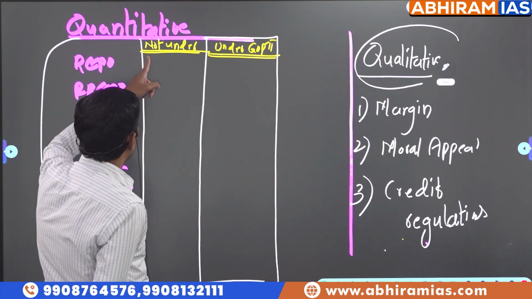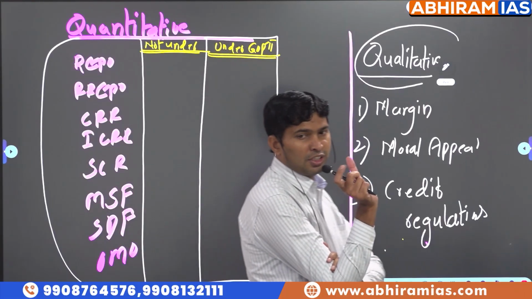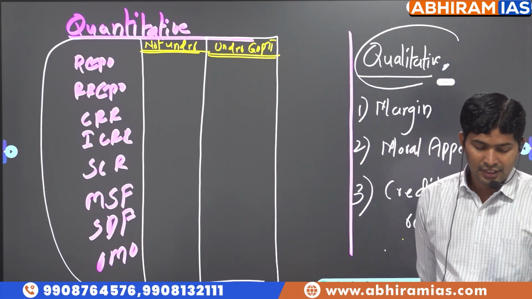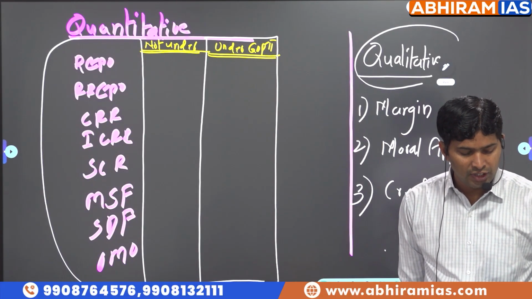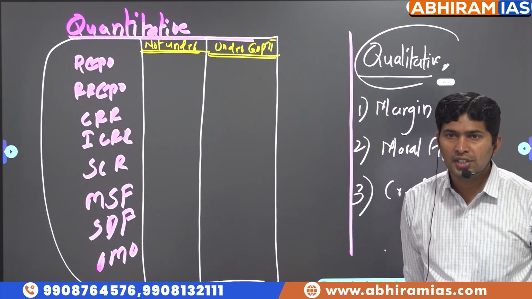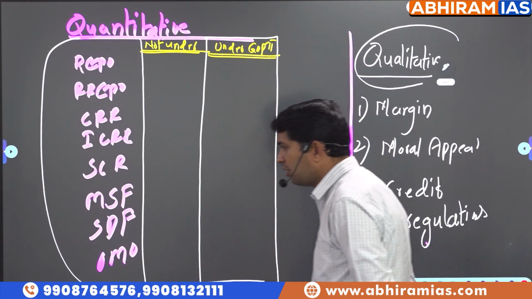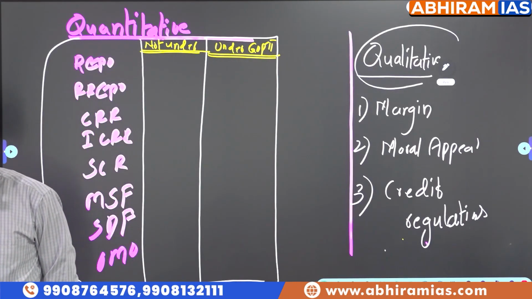if inflation is not under control, meaning not in the range of 2 to 6%. So if inflation is at 7.8, should we increase money supply or decrease money supply to control inflation? Inflation is 8.5, meaning more than 6%. To control inflation, should we increase interest rate or decrease interest rate? Increase interest rate.